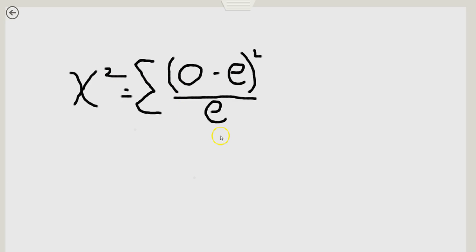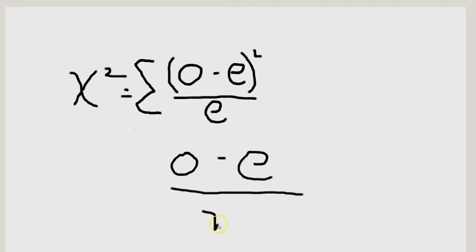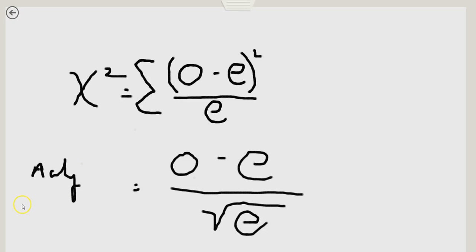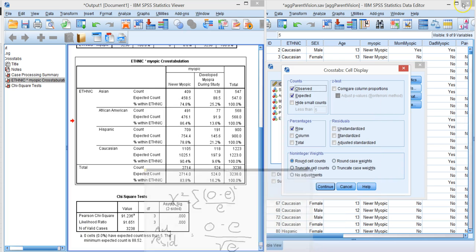This is the chi-square formula. We have observed minus expected over the square root of expected. So we take the square root of this, and that's for a particular cell. That's the adjusted residual. For a particular cell. Okay, enough of my artwork.